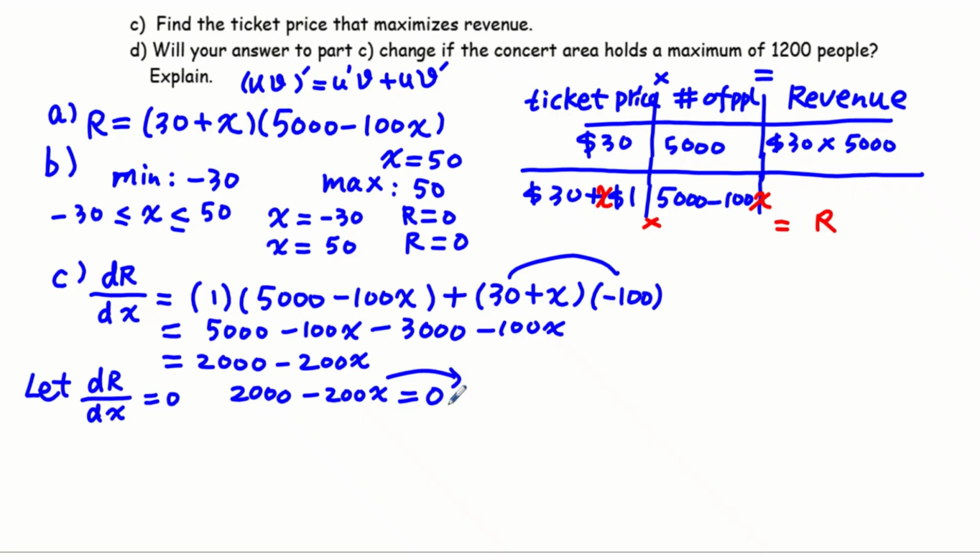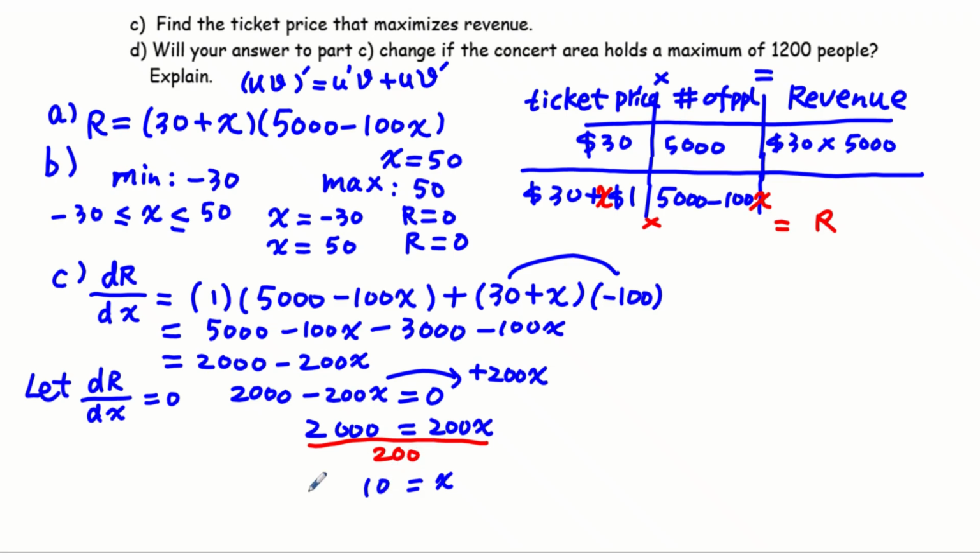We could move the 200x to the other side, the opposite operation is plus. So 2,000 equals 200x, move the 200 to this side, the opposite operation is division, so x equals 10.